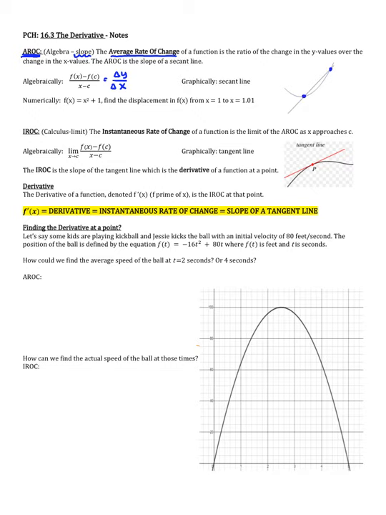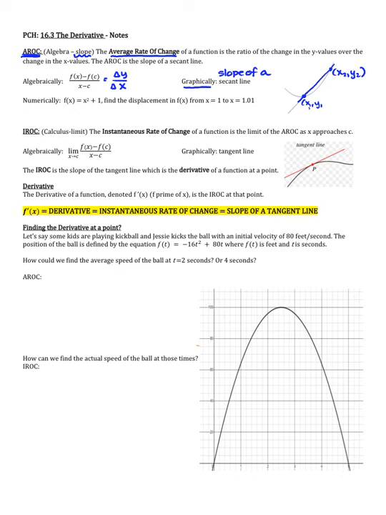Well, here's 2 points, so this would be x1, y1, and this would be x2, y2, and finding the average rate of change between them would be basically finding a secant line, the slope of a secant line.